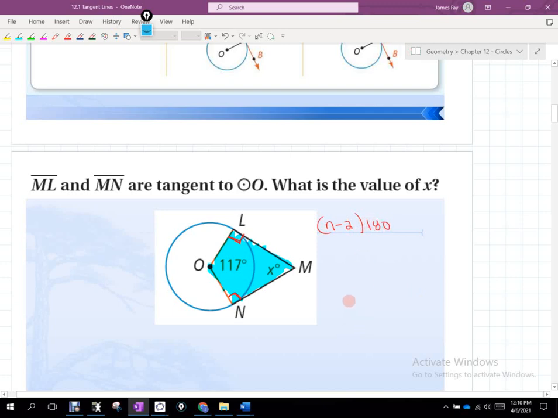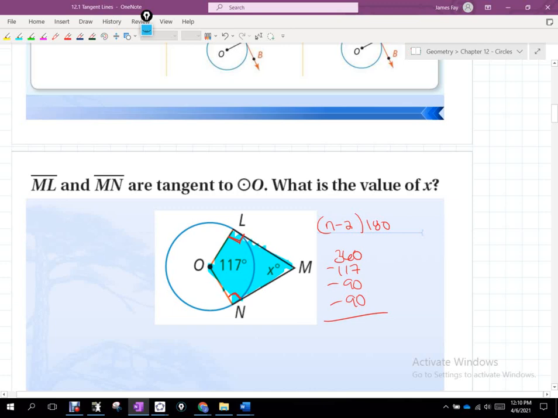N is 4, so we have 4 minus 2 is just 2, times 180. Doesn't that have 360 degrees? How many degrees have we chewed up with these three angles here? Minus 117, minus 90, minus 90. Can we do that? Will that give me what X is?